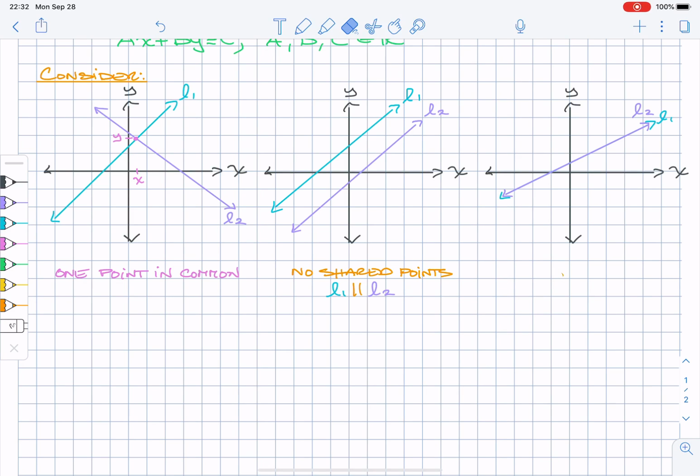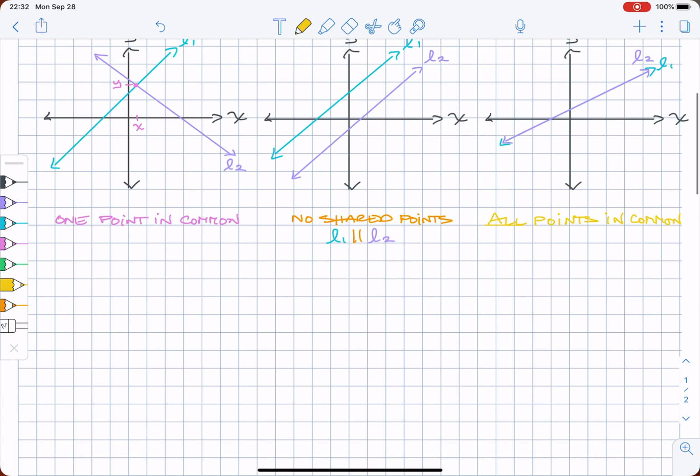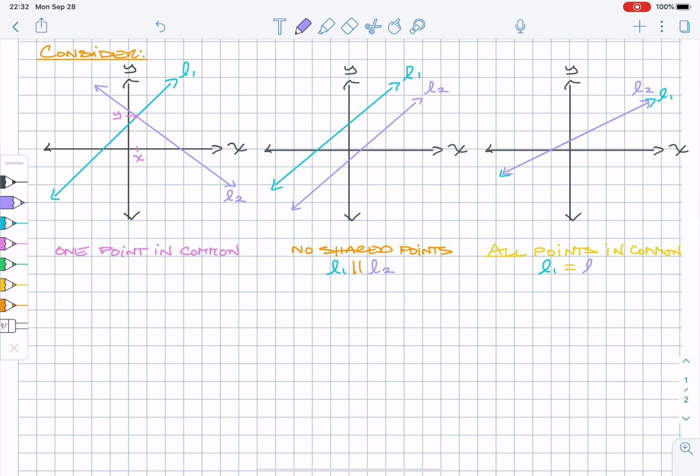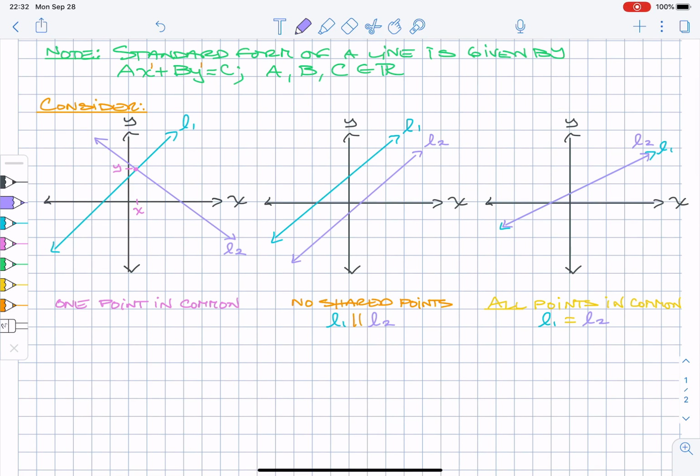All points in common. With an emphasis on all. And that's in the case when they're equal, namely when line 1 is exactly the same as line 2. They share all points. So a single point, no points when they're parallel, and all points when they're the same.